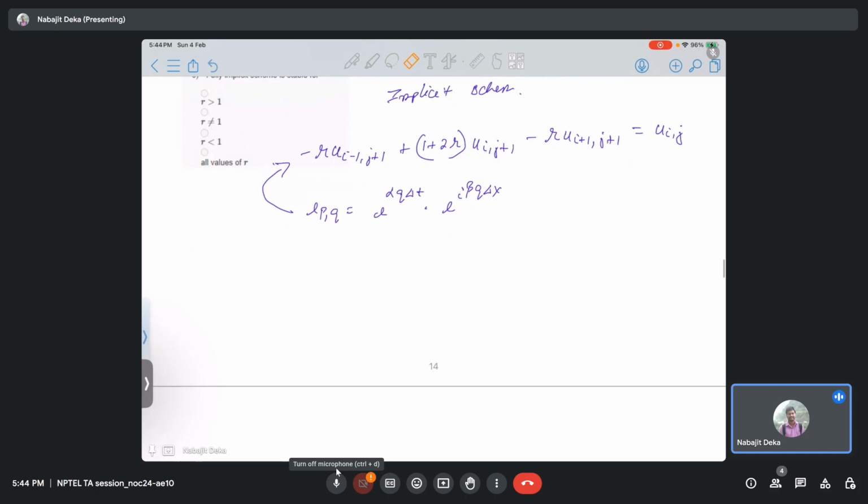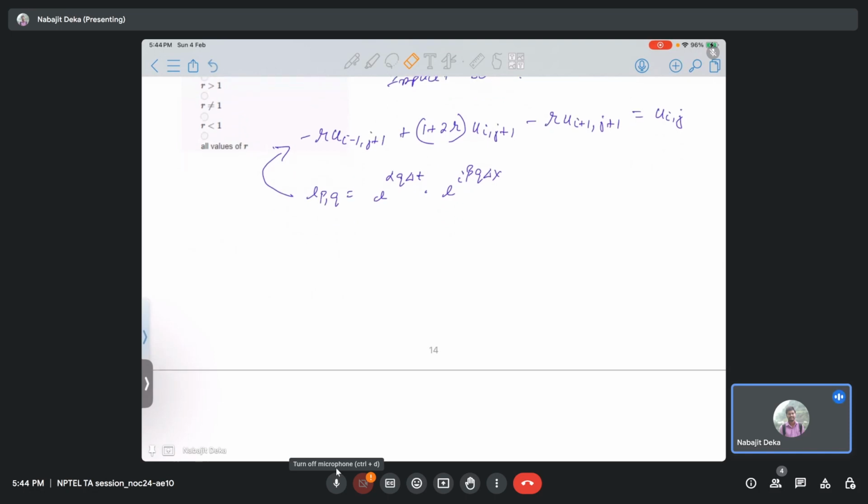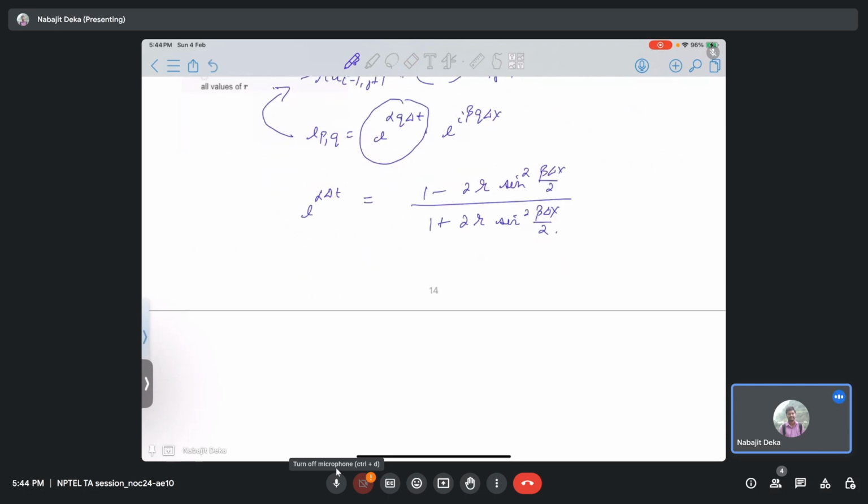So if we put all these terms here, what is required for stability is this term, alpha delta t; as time progresses this has to die down. So alpha delta t is of the form 1 minus 2r sine square beta delta x by 2, over 1 plus 2r sine square beta delta x by 2. So we get this e to the alpha delta t, the error form in time, of this form.